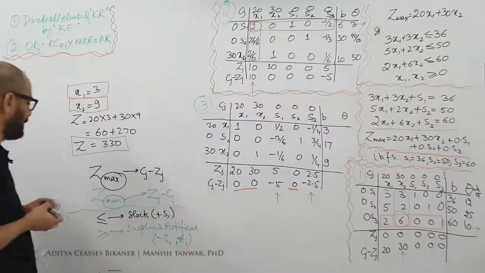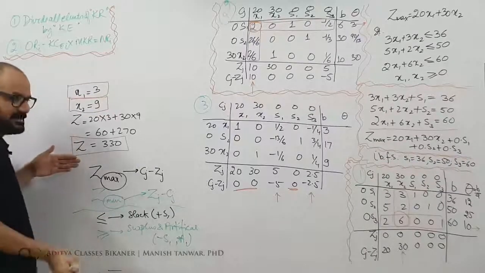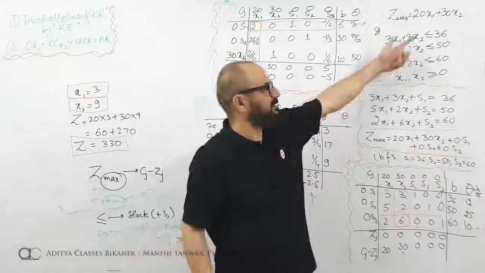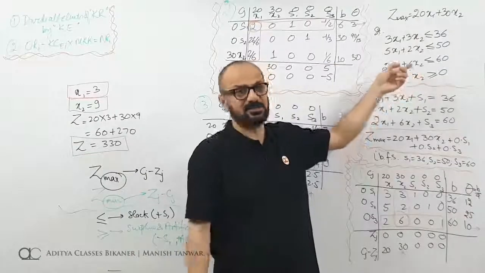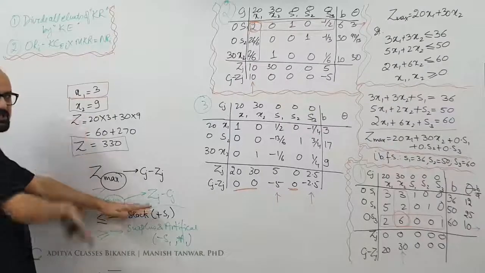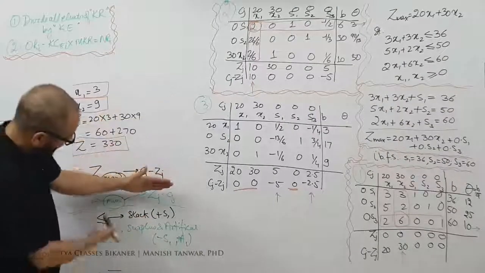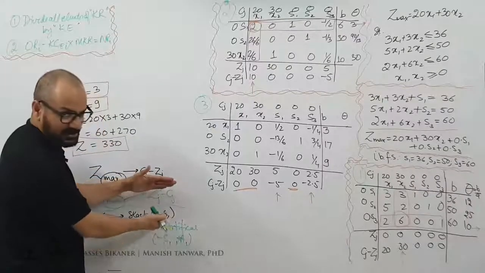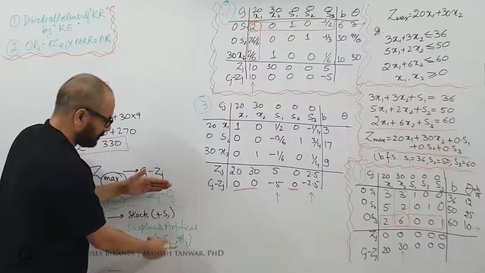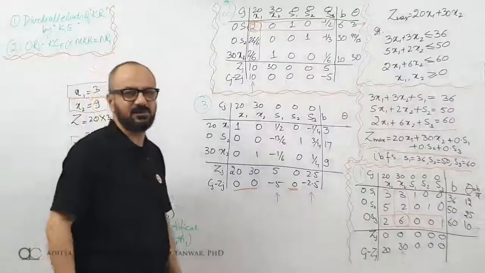So, we see over here that these two are not related. Max is something else, less than is something else. Yes, it happens more often than not that max has these kind of inequalities. We will take up questions where max will be having greater than inequality. So, these two sections are not related. Max is Cj minus Zj, min is Zj minus Cj. This is a separate issue. Less than is plus S1 or slack, greater than is surplus and artificial, both come together. Surplus is always subtracted, and artificial is always added.